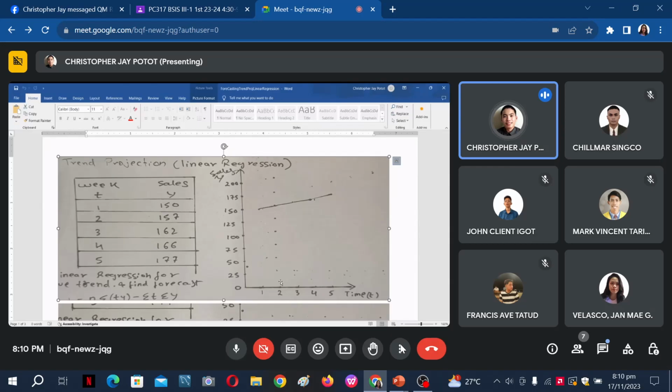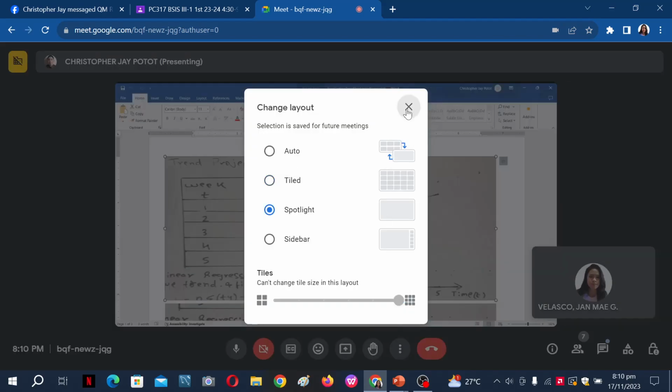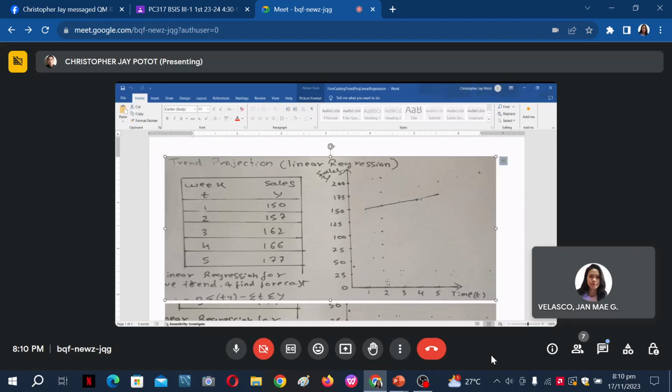Good evening, everyone. My part is all about the example problems. My colleagues discussed the theories about time series regression, what time series data is, and about the regression.